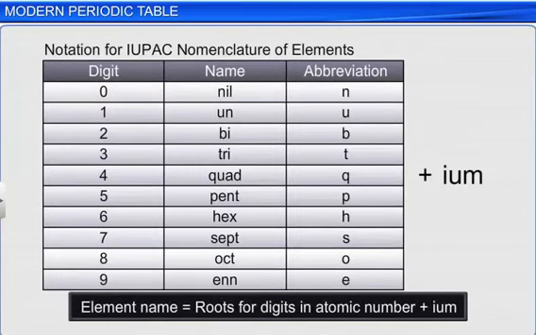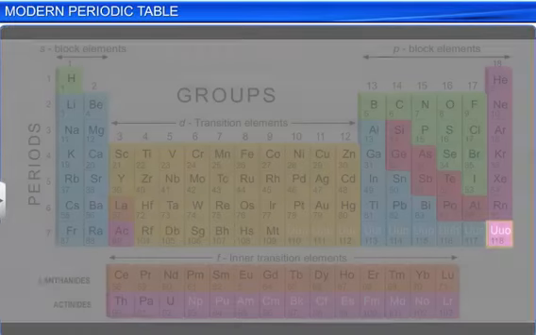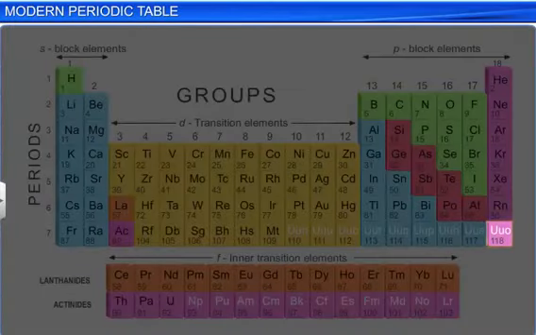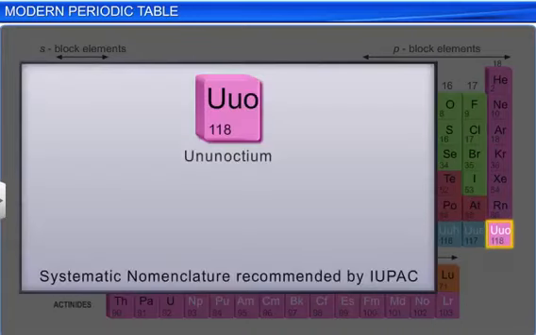For example, an element with atomic number 118 should be named as ununoctium, from 1 is equal to un, 8 is equal to oct, and ium. And the first alphabet forms the temporary symbol of the element, Uuo.